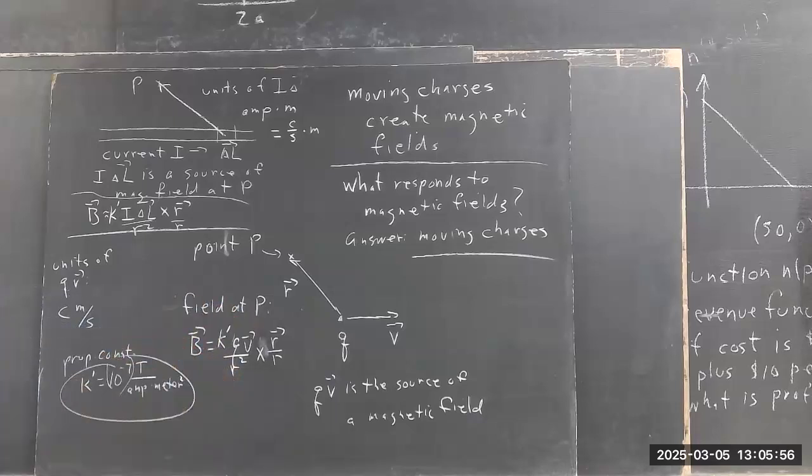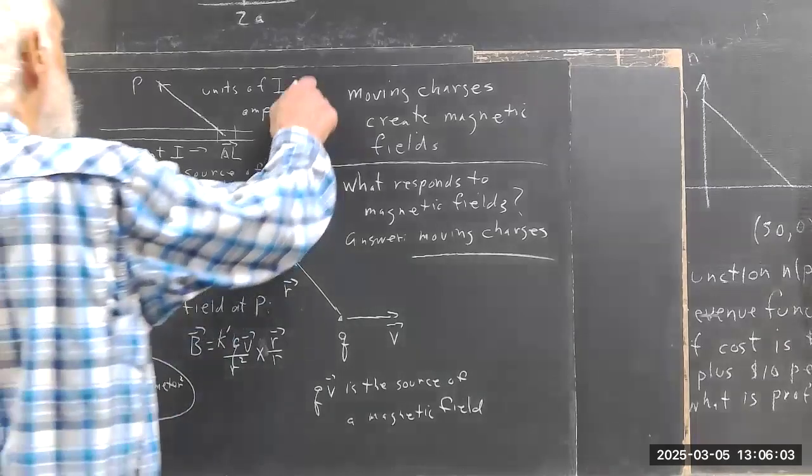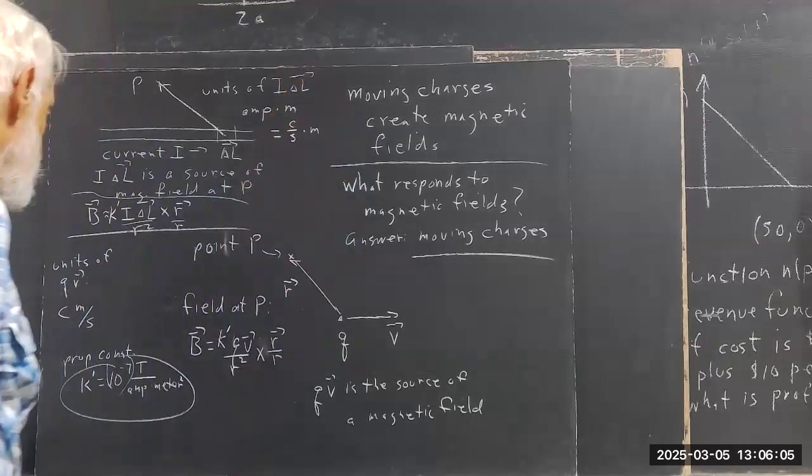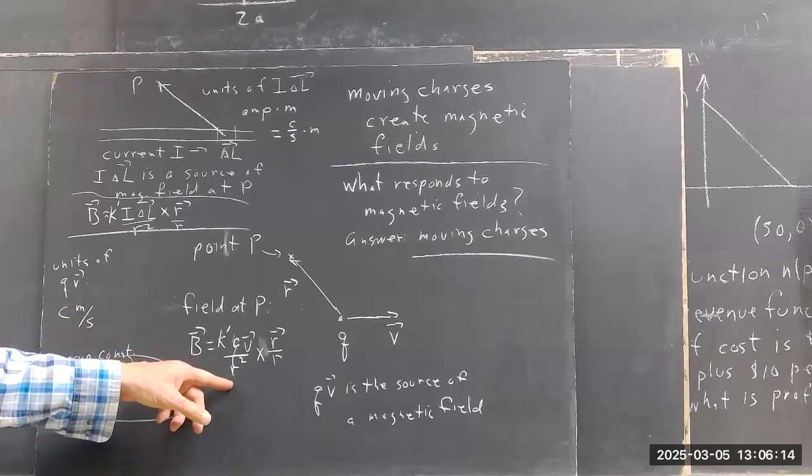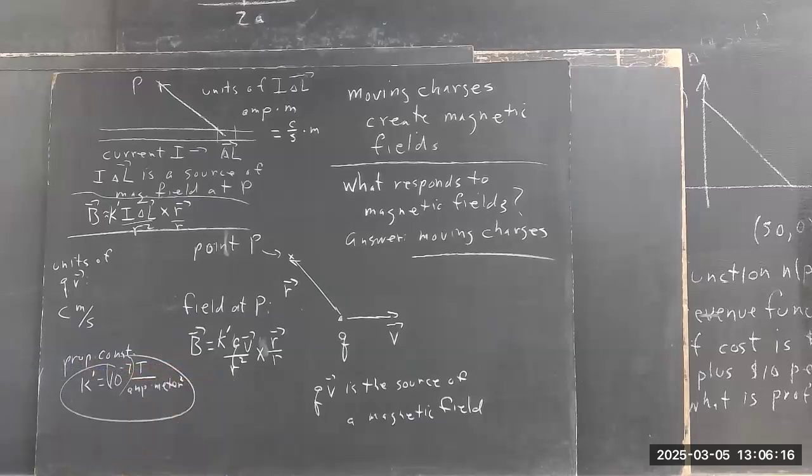QV over R now has units of meters per second divided by meters. Okay, not meters squared.